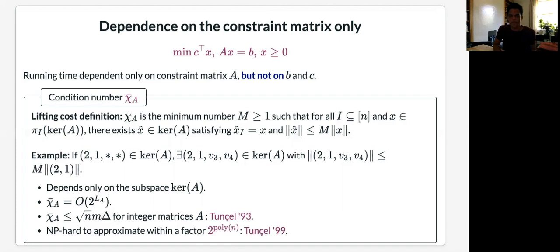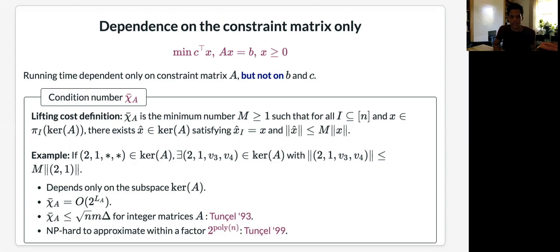Chi bar is the minimum number m such that if I give you a subset I of the variables and a vector on this subset I, and if there exists an extension of this vector to the kernel of A, then there's also an extension such that the norm of the full vector is at most m times the norm of the vector on the variables in I. So as an example, if the kernel of A is a subspace of R4, and I give you the first two coordinates 2 and 1, then if there exists an extension to the third and fourth coordinate, then there's also an extension such that the norm is at most chi bar times the norm of the first two coordinates.